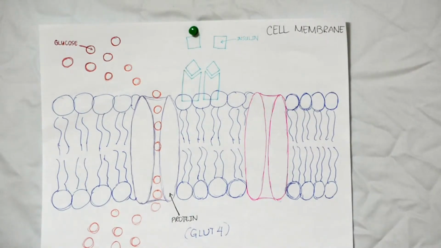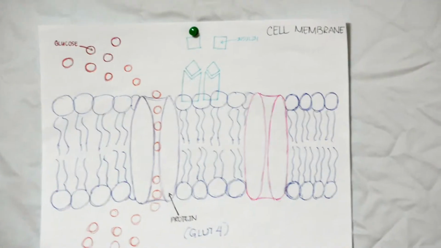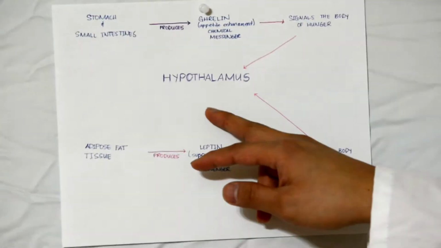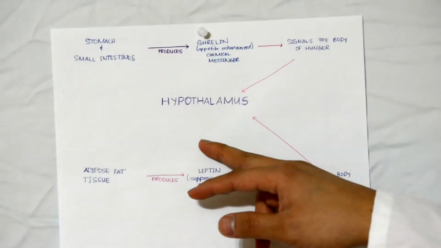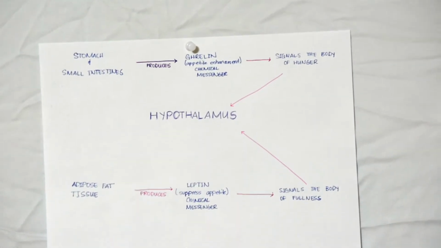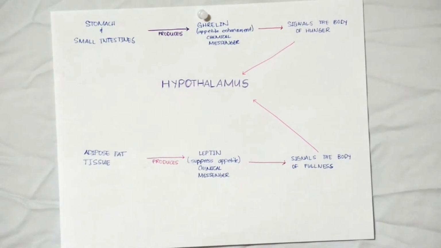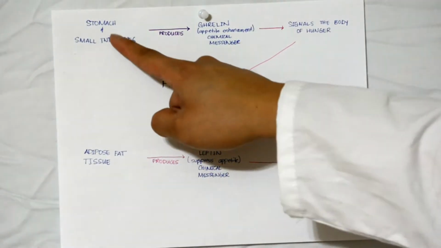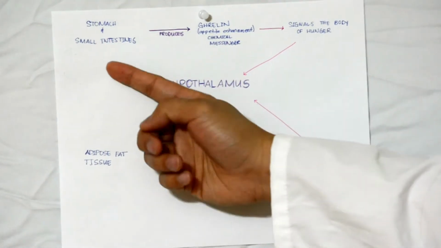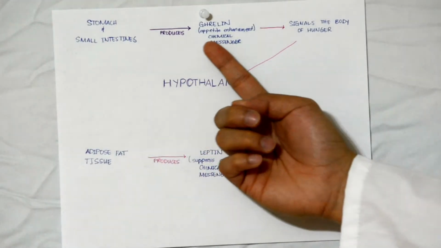So how does the body know that it's full or hungry? The hypothalamus gets signals of appetite from the digestive tract, blood, the levels of amino acids and fatty acids, and also hormones. During hunger, the stomach and the small intestine produce ghrelin.